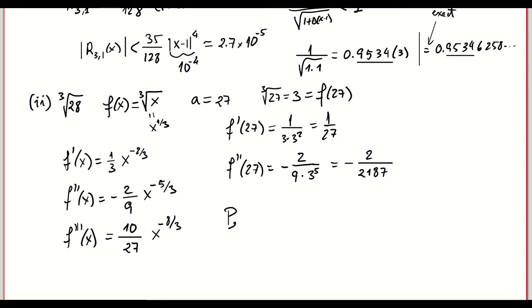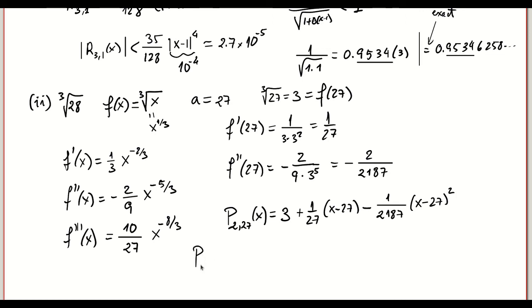Okay, so if we have this 3 as the function and these values for the first and second derivative, then the second order polynomial at 27 is simply 3 plus 1 over 27 times (x minus 27), minus this divided by 2 factorial, so 1 over 2187 times (x minus 27) squared. All right. So if we want to evaluate the polynomial at 28, which is our approximation to the cubic root of 28, well, 28 minus 27 is 1.